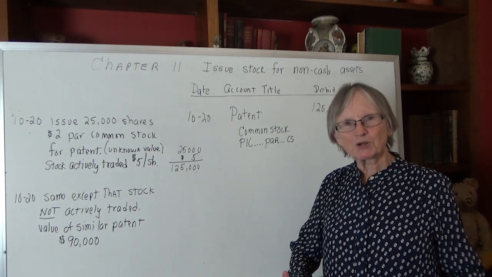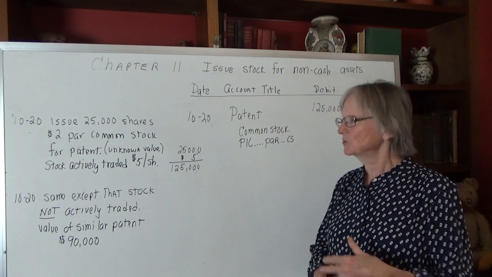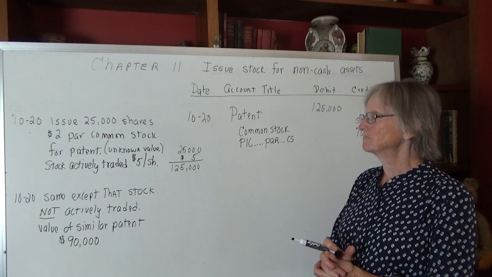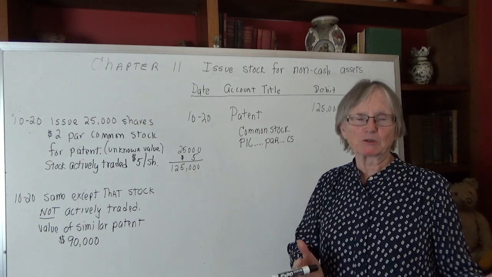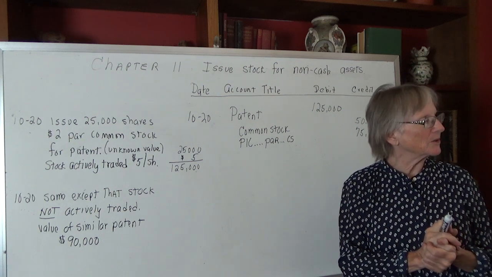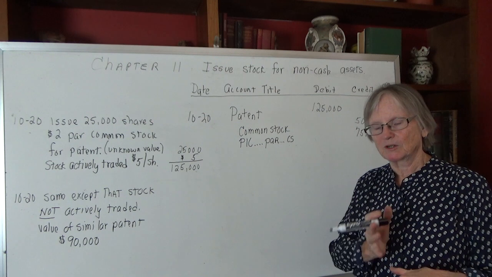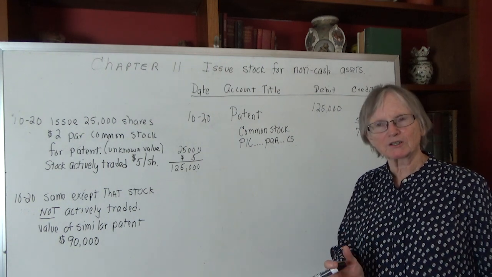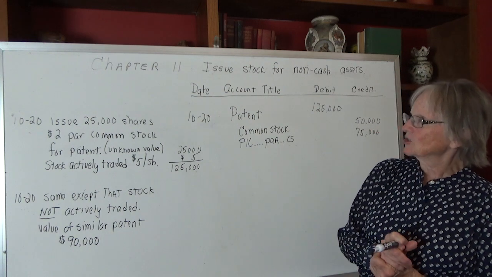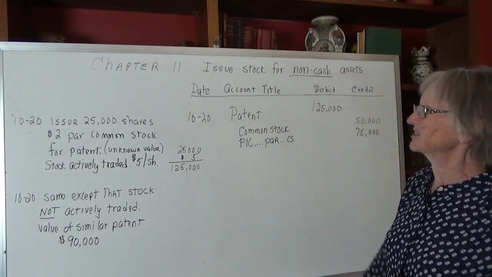It needs legal work done, the whole corporation setup, and sometimes the attorney will accept shares of stock instead of cash. So that would be one instance, for professional fees, you could do it that way. A lot of times, companies will issue stock at the startup to get the equipment they need to run the business. Okay, so that's what we're talking about when we're talking about non-cash assets.